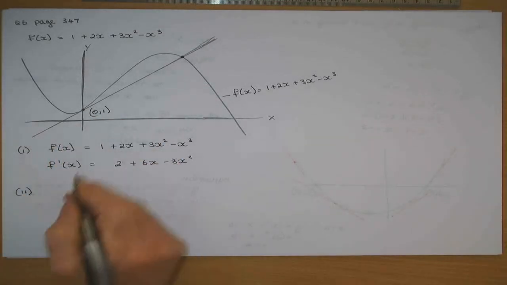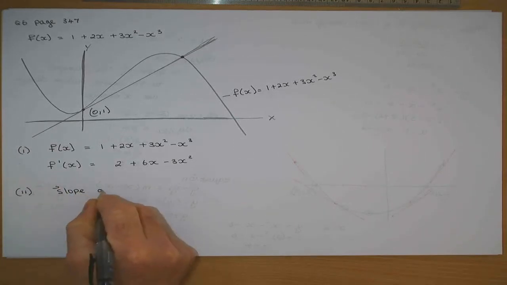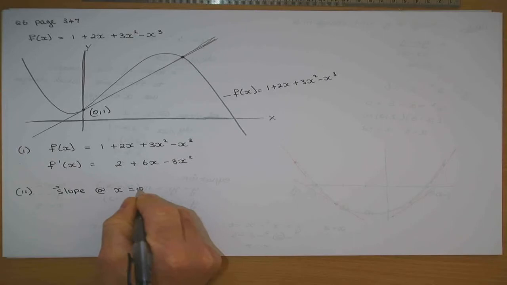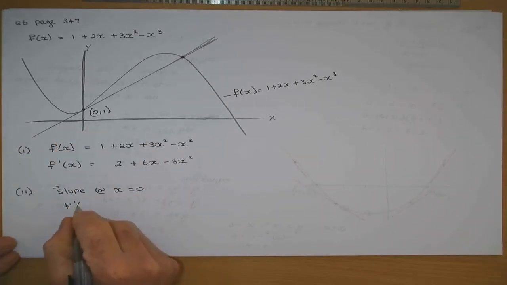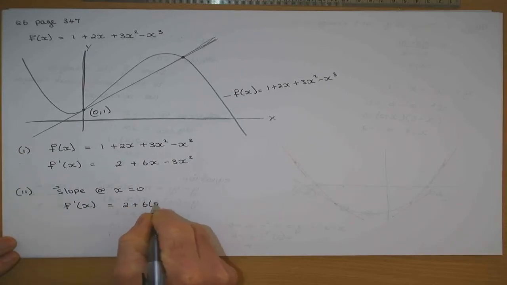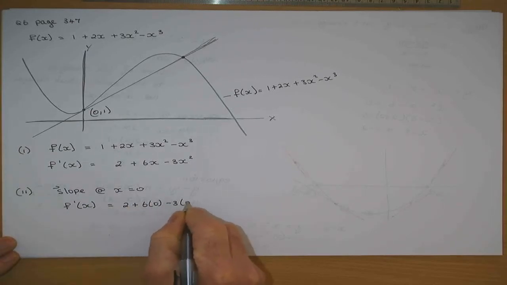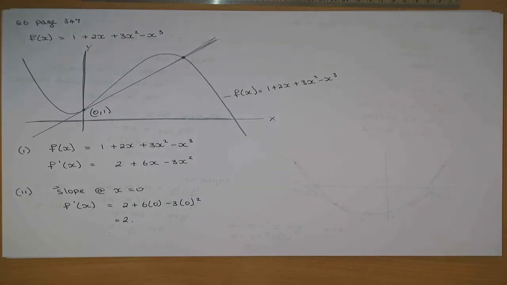What's the slope? Well, they want me to find the slope when x is what? 0. The point is 0, 1. So therefore, in that case, f dash x will be 2 plus 6 times 0 minus 3 times 0 squared. It has a slope of 2. Do you think it's correct? It's a positive slope.